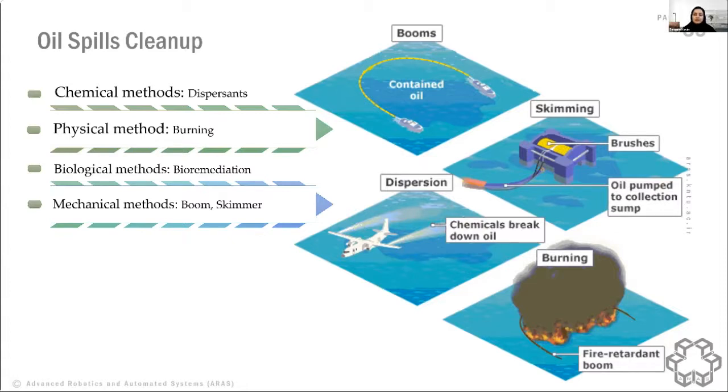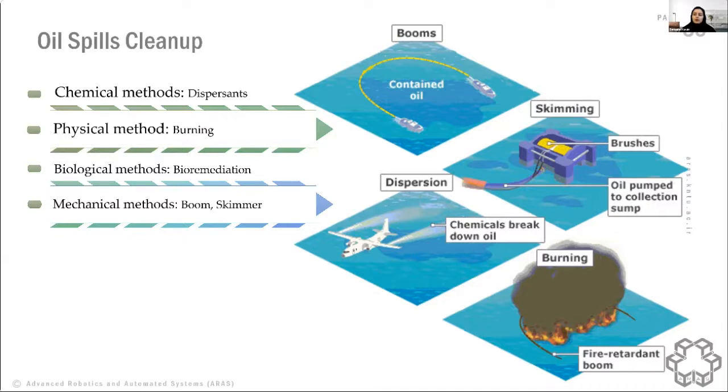Four major categories of oil spill cleanup are chemical methods, like using dispersants; physical methods, by burning the oil; biological methods, using bioremediation; and mechanical methods, which use boom and skimmers. Booms work like the video we have seen. For example, dispersants break oil into small droplets that mix the oil into the water.